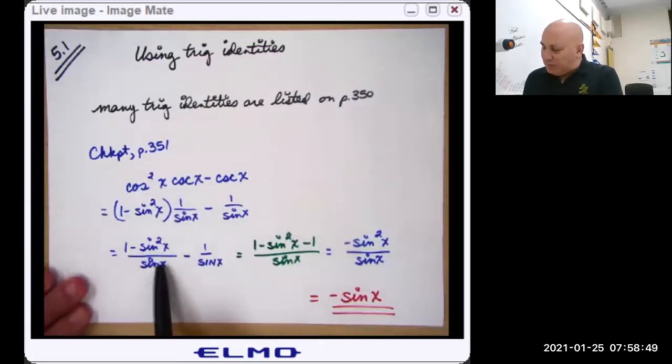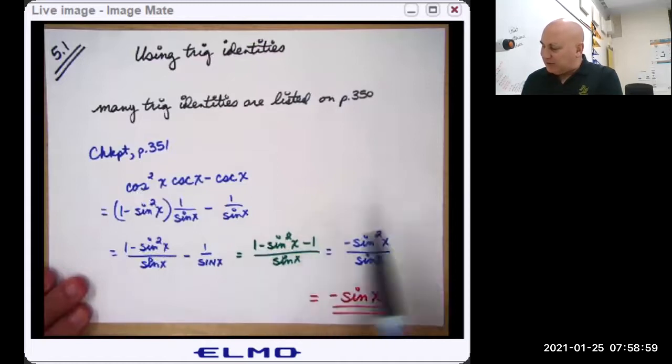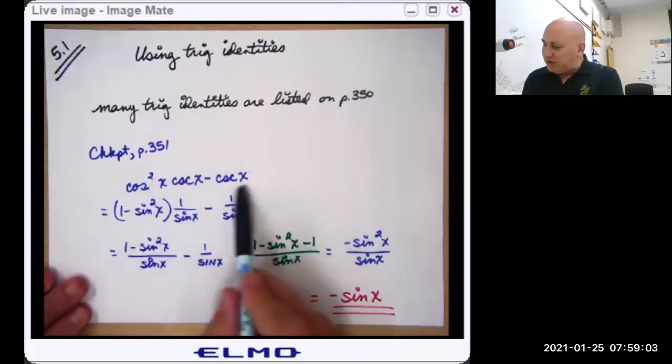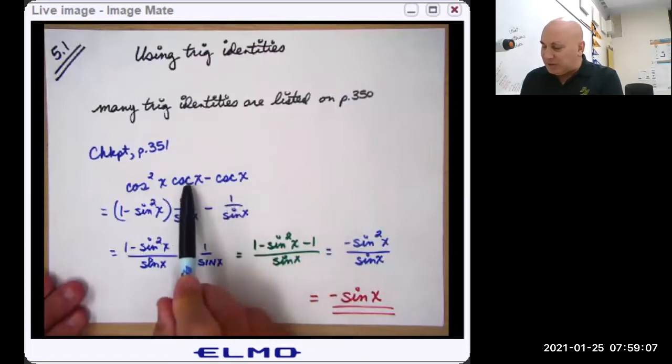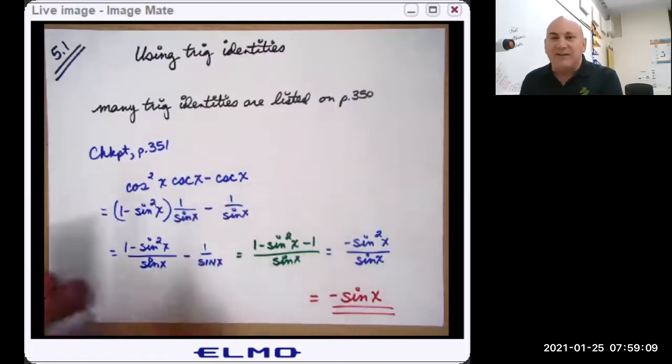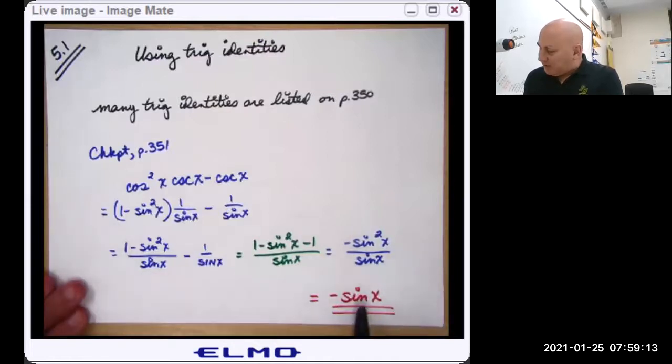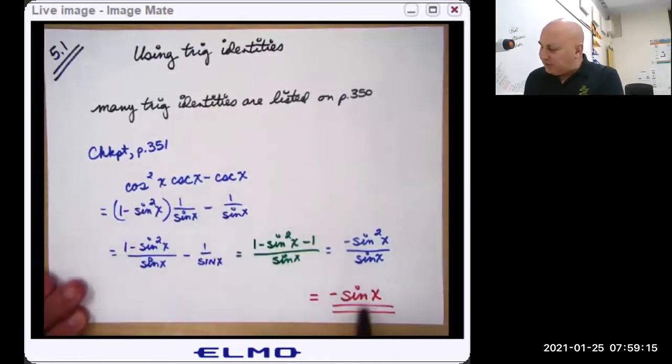Well, now both fractions have a sine x in the denominator, so I can combine the numerators. And these two ones cancel out. So this expression here, everywhere it is defined, in other words, everywhere cosecant x is not undefined, this whole expression is equal to negative sine x.